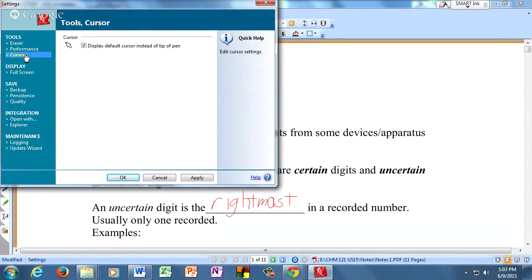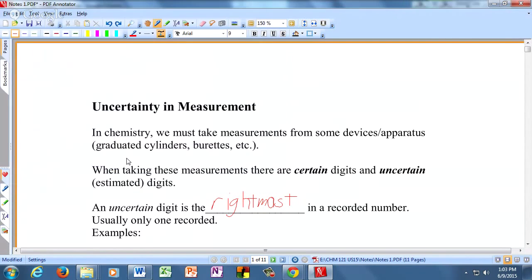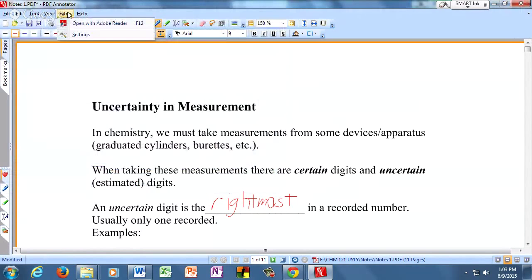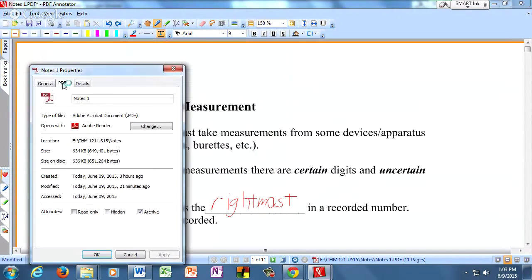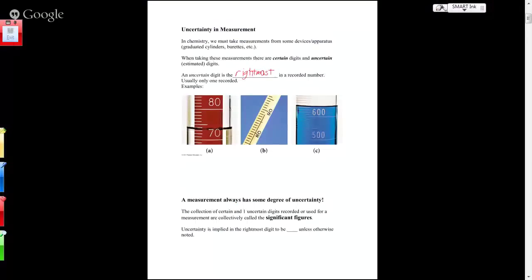Maybe you could go to the help. I just changed it, because it was working. All right, I'll just write slowly for now. We'll figure it out later.